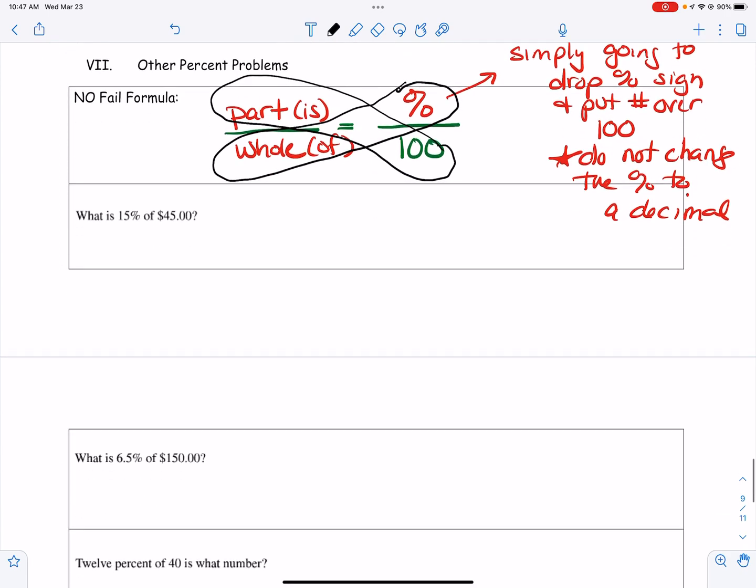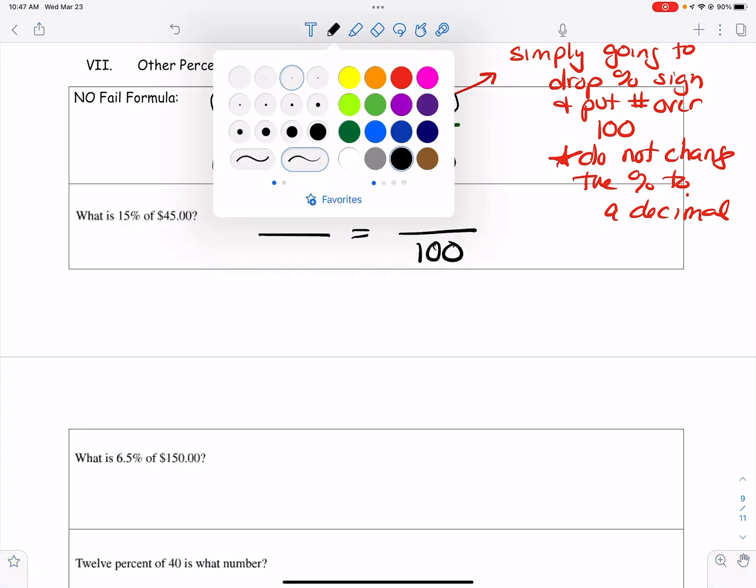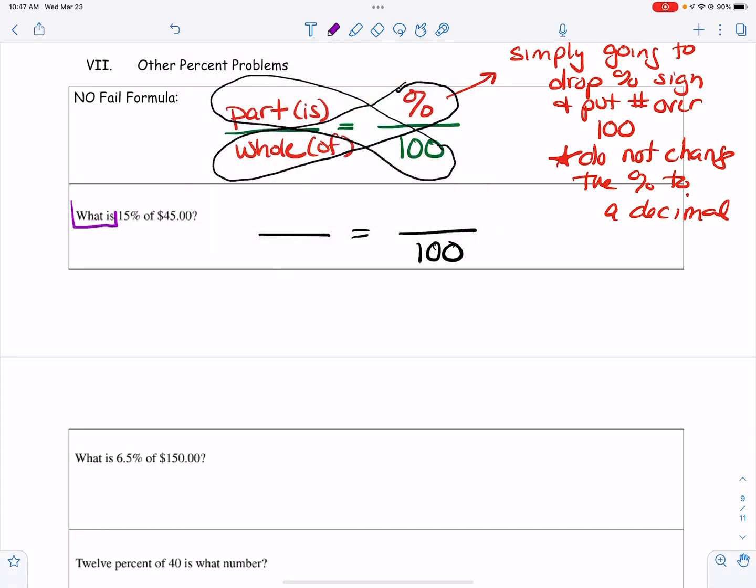So I always start blank equals blank over 100. And then I go, what is? That is the missing part. 15%, that number without the percent sign goes over 100. The percent sign is taken care of by the 100. And then it says of 45.